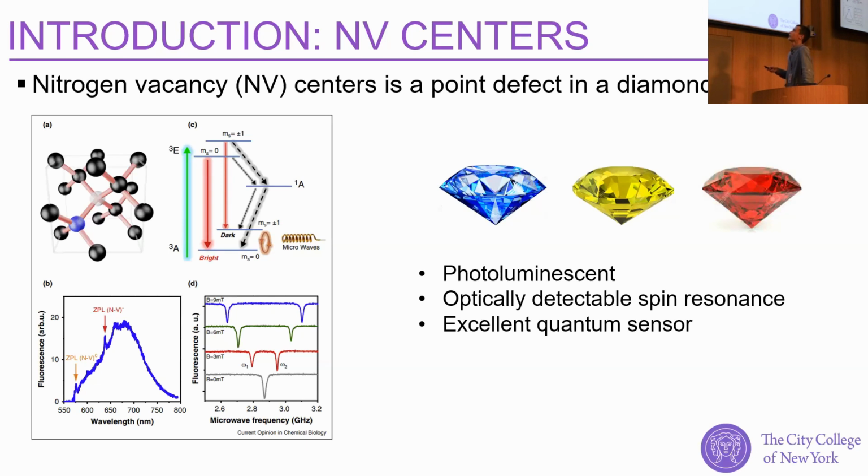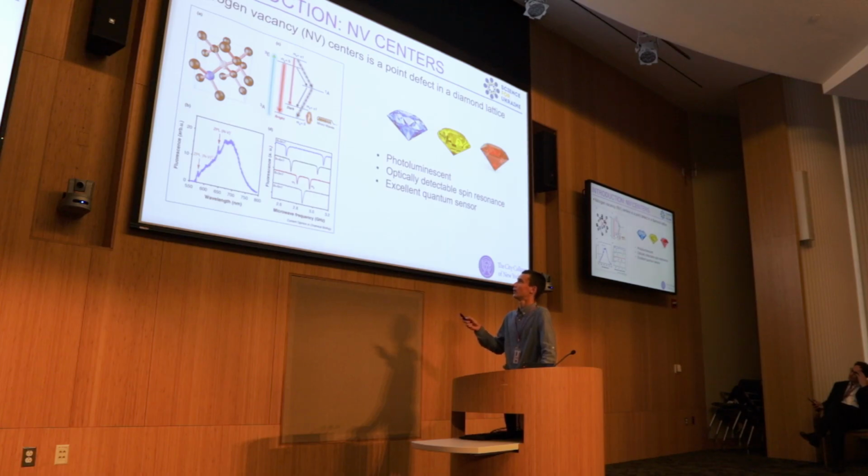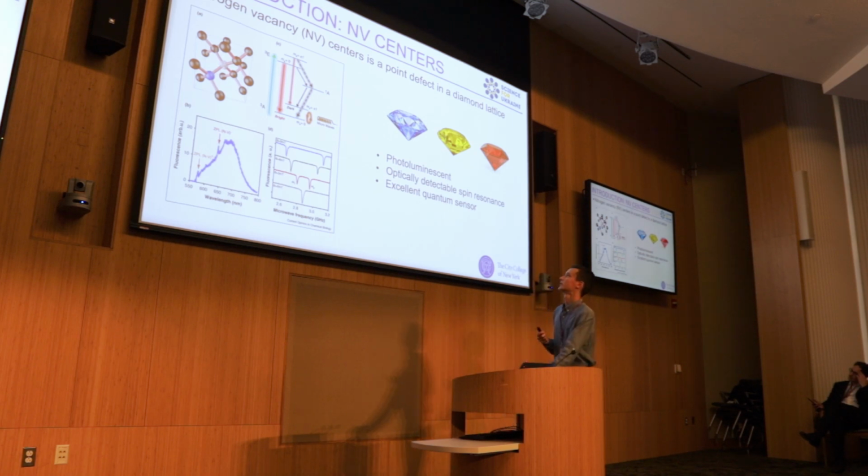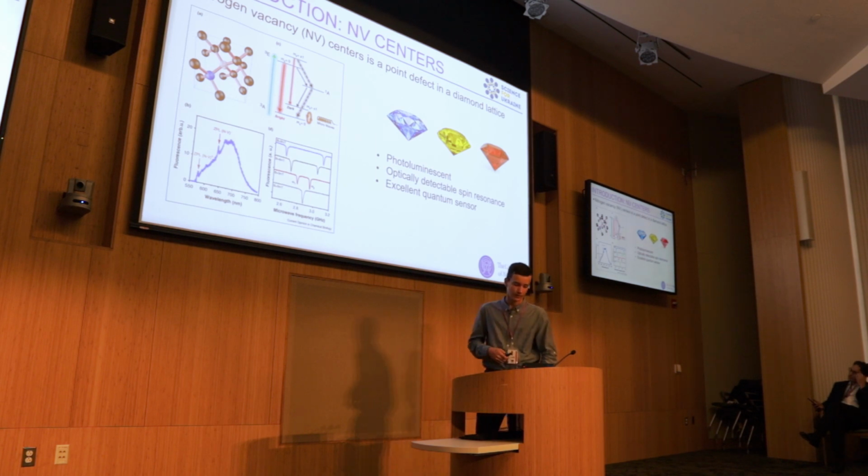Okay, so imagine that there are two defects right next to each other, nitrogen and a vacancy, so empty space. This thing is called a nitrogen vacancy center or an NV center in a diamond.